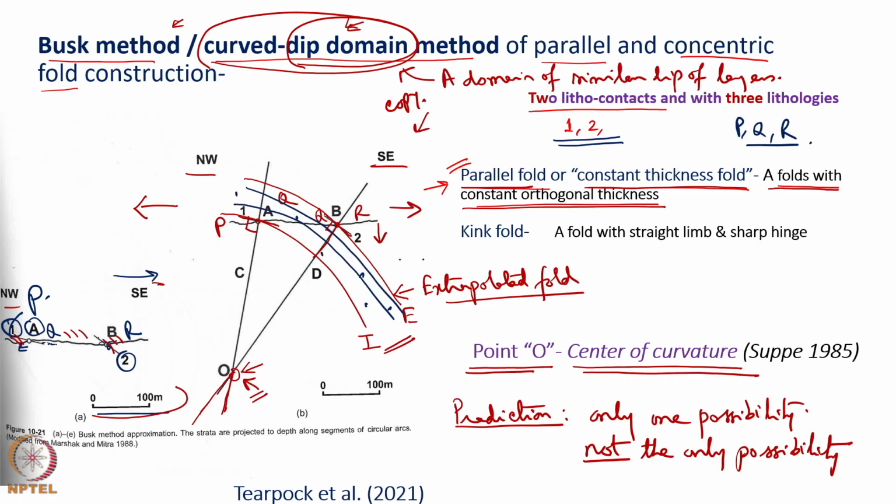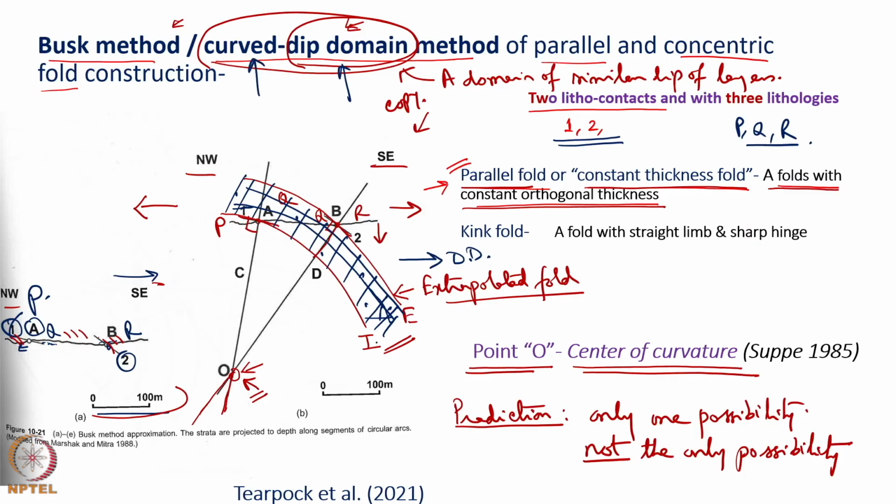The dip direction is the same, and here it is a gentle dip, whereas here it is a steep dip. So, some pattern is found so far as the dip of the different layers within this folded region, and that is why there is a dip domain and that dip domain is curved.